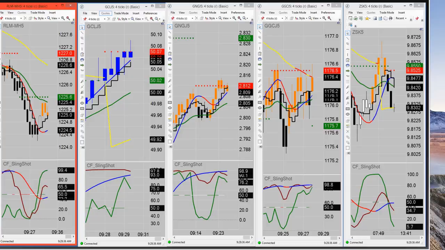Windows Photo Viewer. Yeah, this one. Let me just end that task.